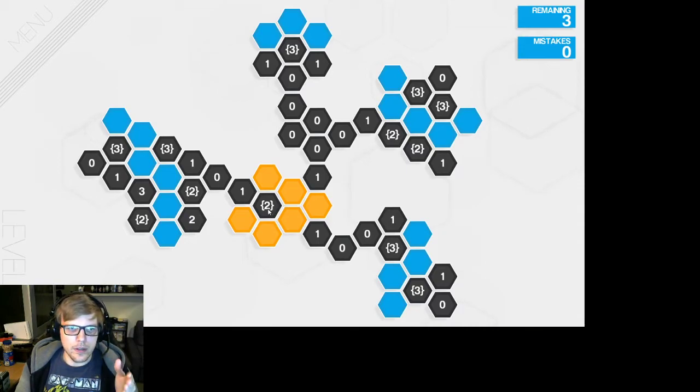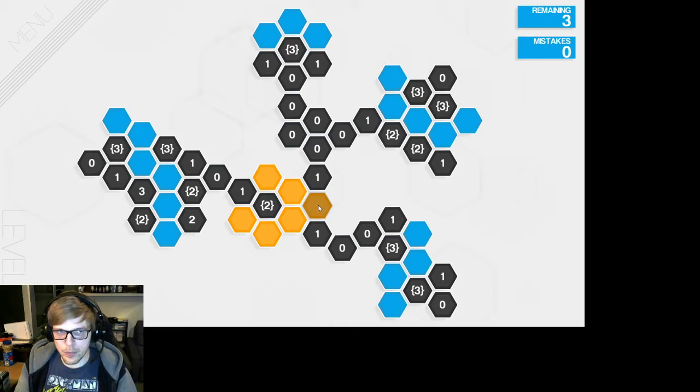Now, because this is a 2, and both of these 2 are blue, that would force these 3 to be black. And that causes a problem because now this 1 is not adjacent to a blue hex because all 3 of these are black. So that causes a problem. So instead, we need to look at this one having this hex be blue.